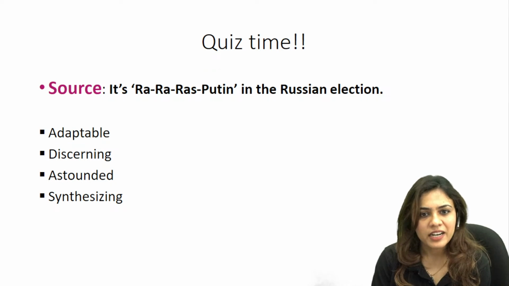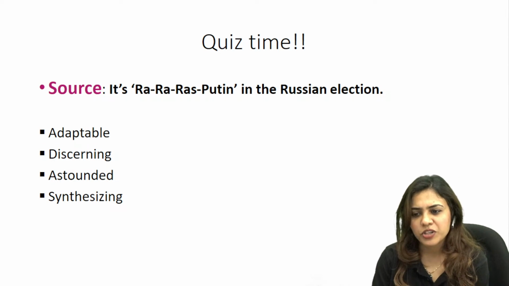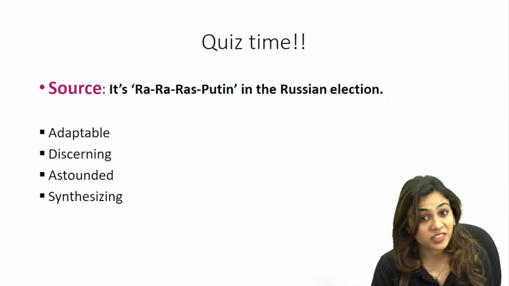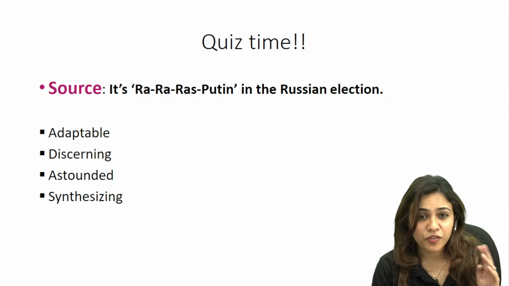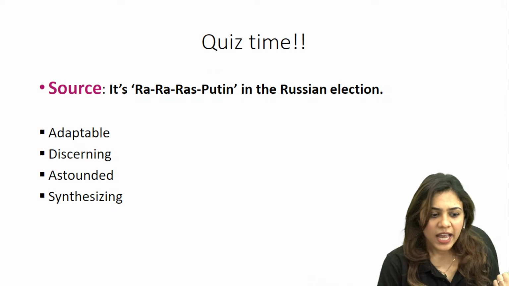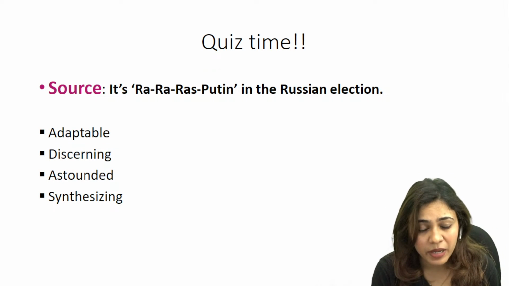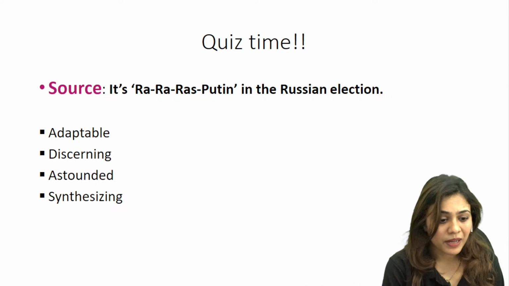If we look at the contenders against him, they are so weak, so obviously who is going to end up winning? It's again going to be Ra Ra Rasputin, right? So this will be Putin's fifth term, just imagine. He has been president four times, and this will be the fifth time. And he could potentially remain in power till 2036, as is predicted in the passage.